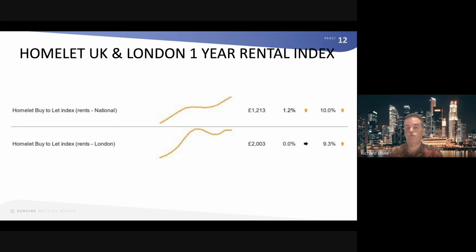So again, just reinforcing what I'd said, more people can't afford a mortgage, so they're forced to rent, and so there are more tenants out there vying for the same number of units, and market forces, supply and demand, have meant that landlords are doing very well. Unfortunately, people looking to get on the housing ladder are struggling.